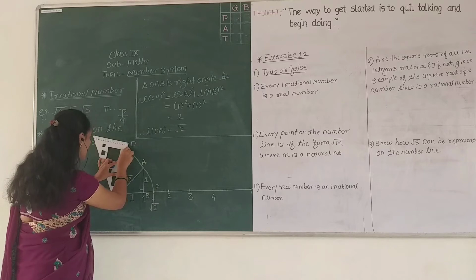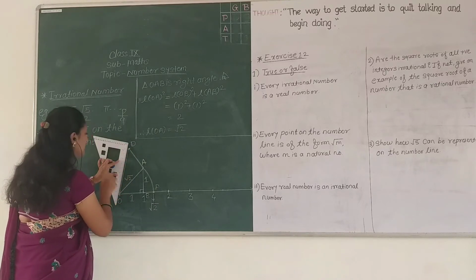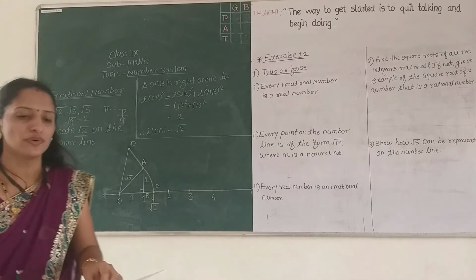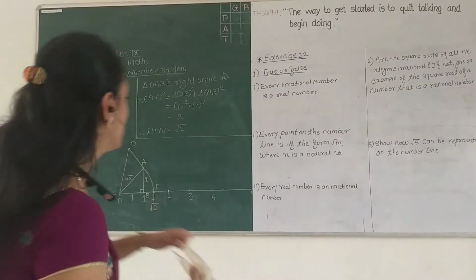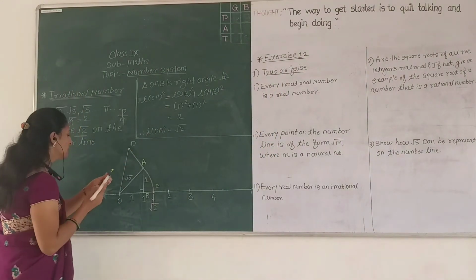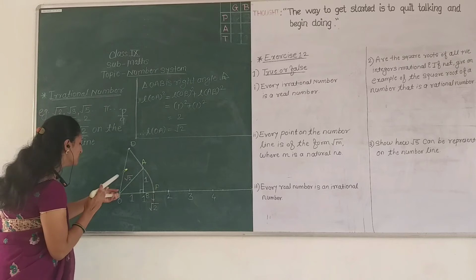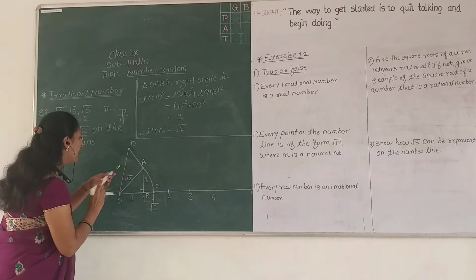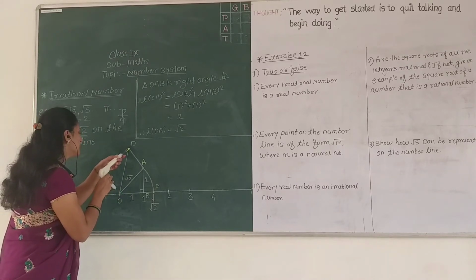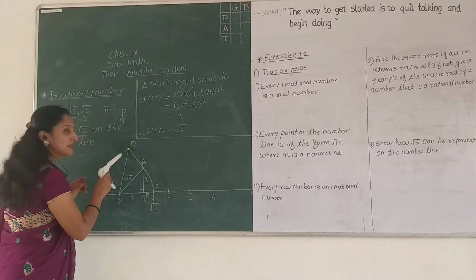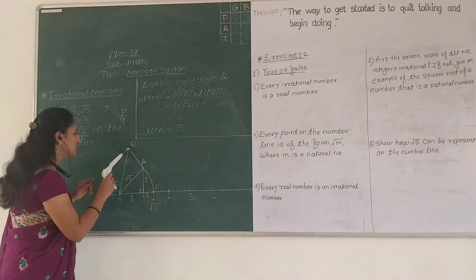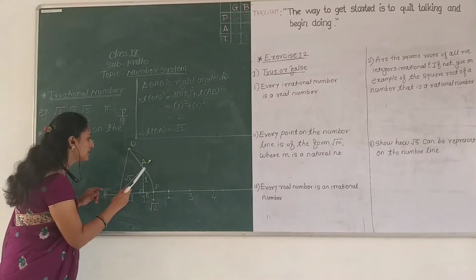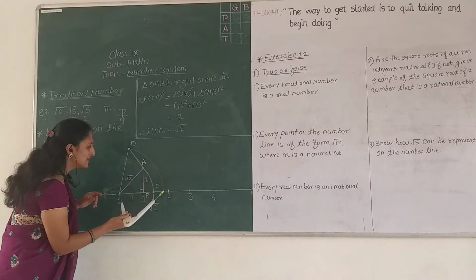Now use a compass, take the radius OD and make an arc intersecting the line.